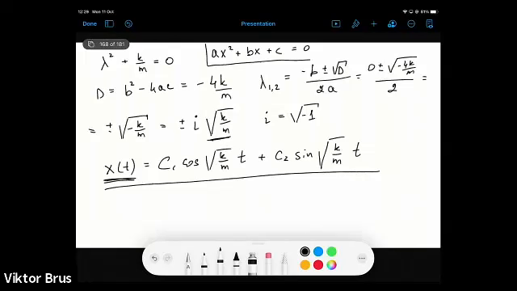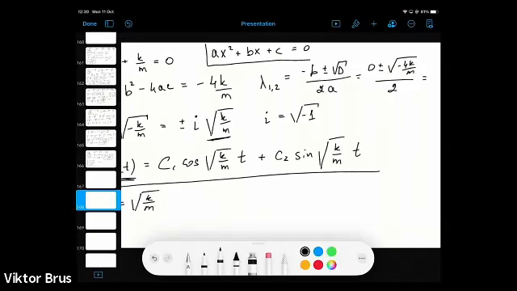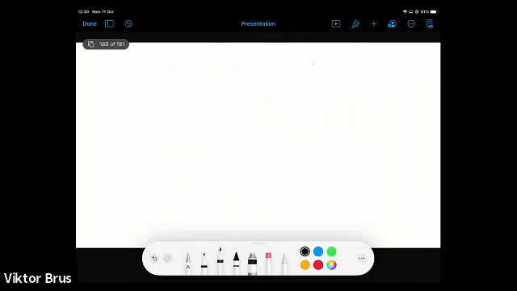So first step, we can substitute this square root of k divided by m with omega and rewrite our equation in a more compact form. X as a function of t is equal to C1 times cosinus omega t plus C2 times sinus omega t.